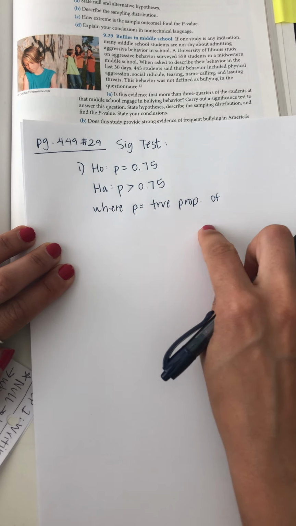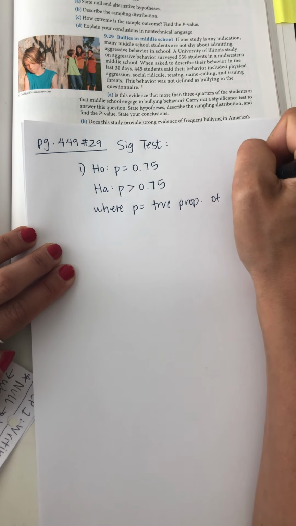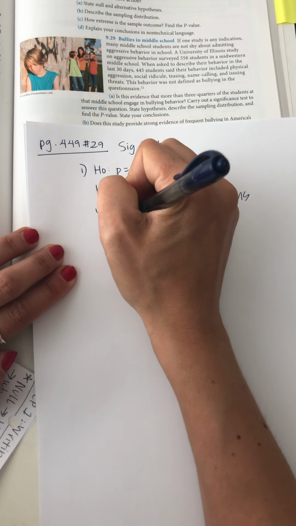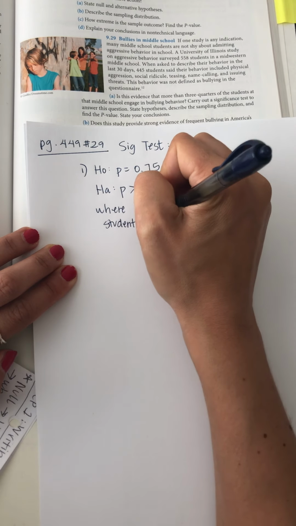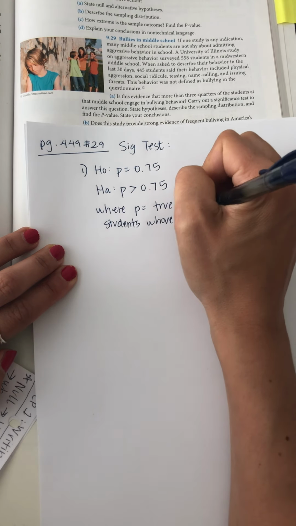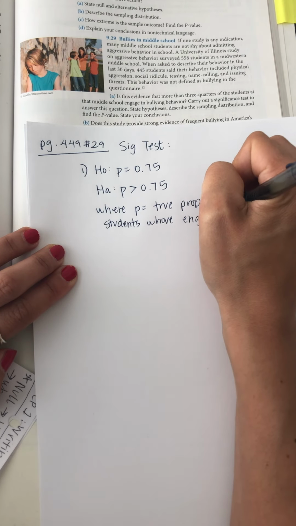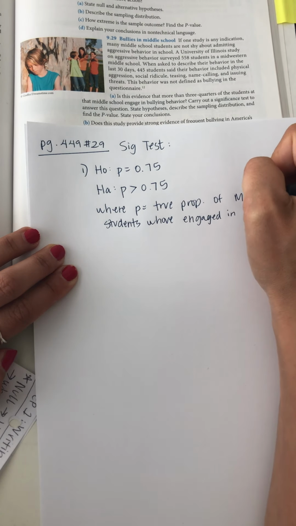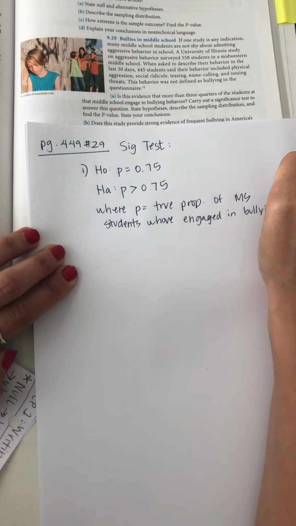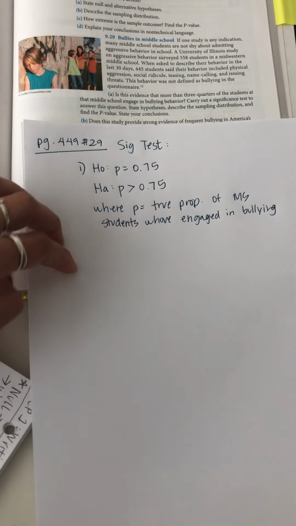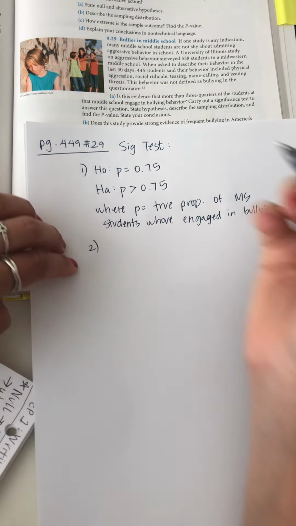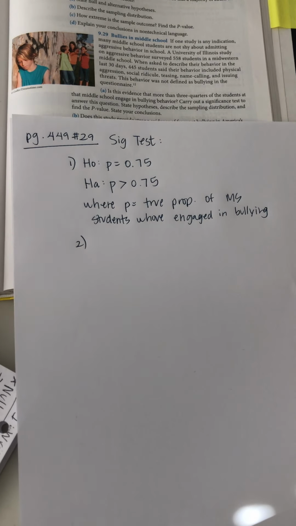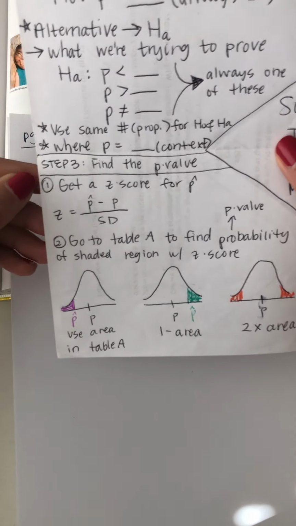So there's my more than 3/4. So where p is equal to the true proportion of middle school students who've engaged in bullying. That's step 1. Step 2, there's my hypotheses. So I've laid out what I want to prove very nicely.